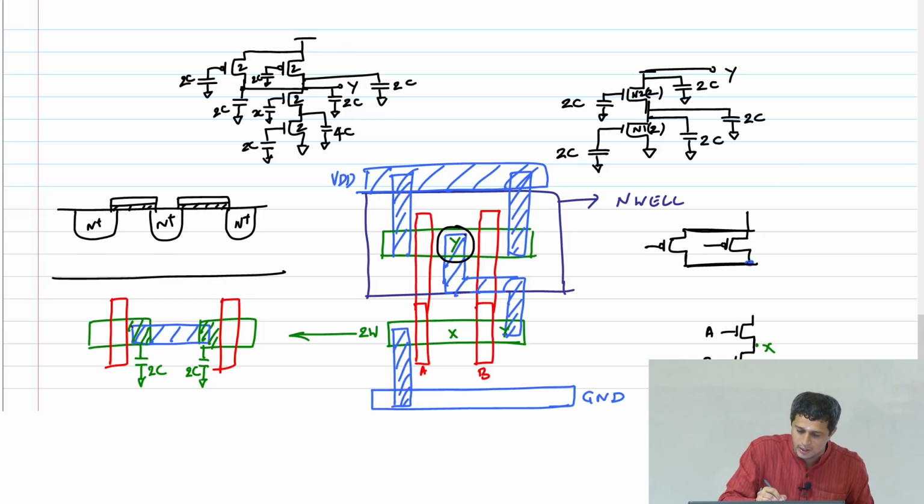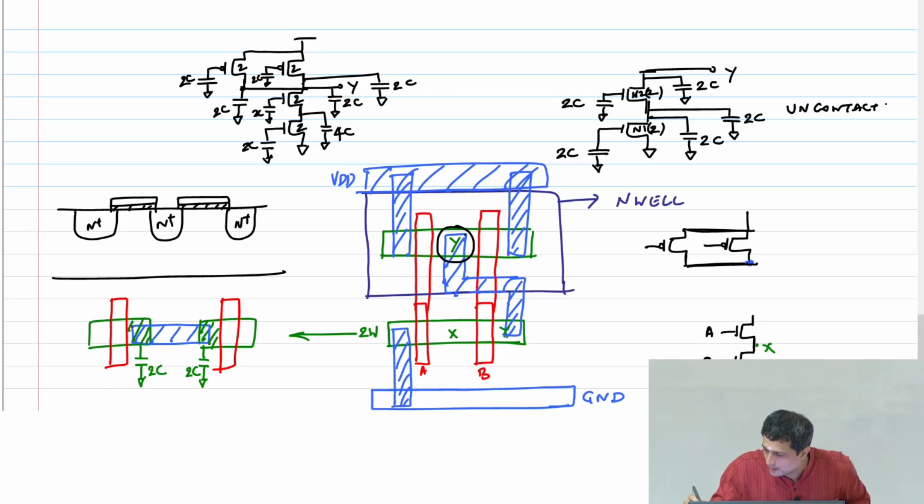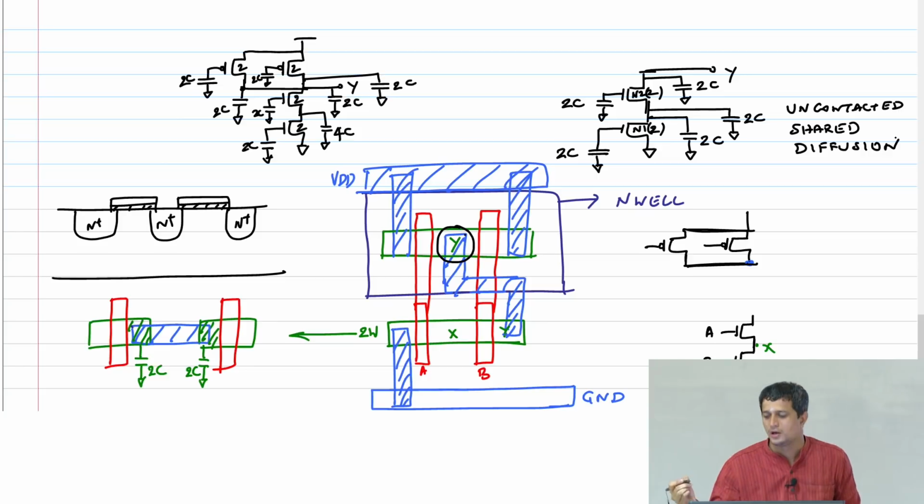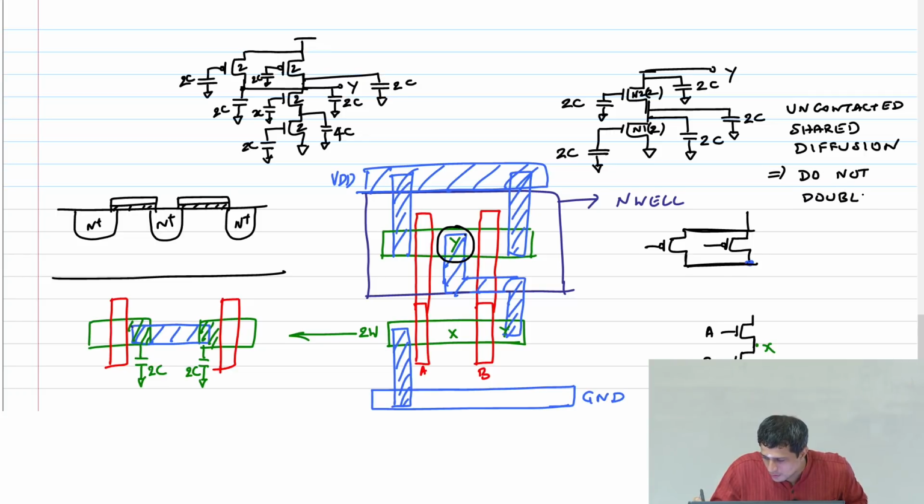So here this is a contacted shared diffusion and therefore implies do not double count cap.